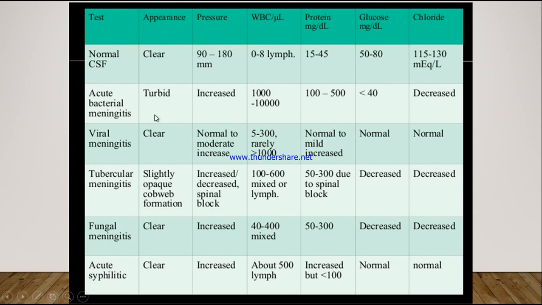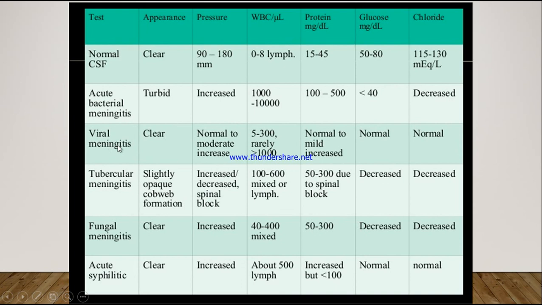Let us see the first disease condition. For example, a patient is having acute bacterial meningitis. Then the appearance of CSF is turbid. Pressure will be increased. WBC 1000 to 10,000. Proteins 100 to 500. Glucose less than 40, and chloride is decreased.